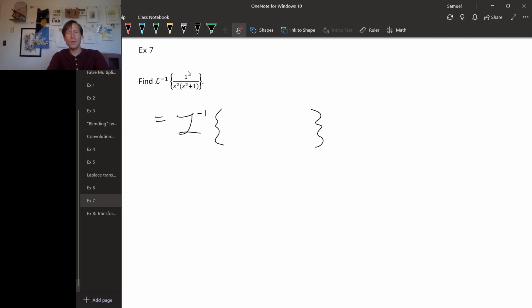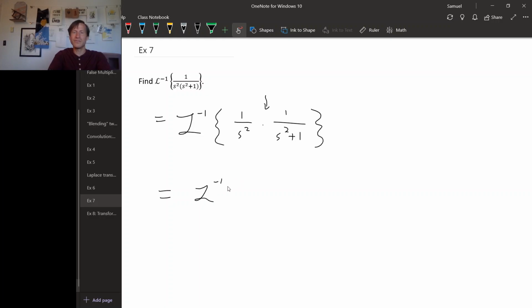So 1 over s squared times s squared plus 1 is 1 over s squared times 1 over s squared plus 1. And so this is a product in the s world. But what the convolution theorem says is a product in the s world is convolution in the t world.